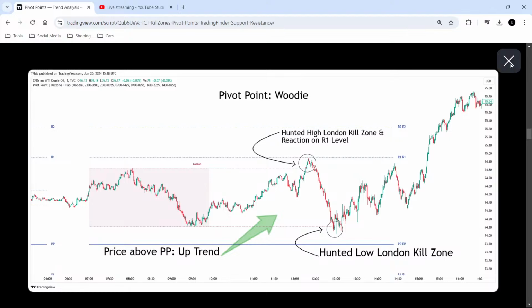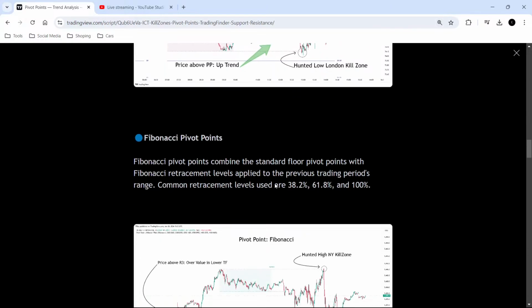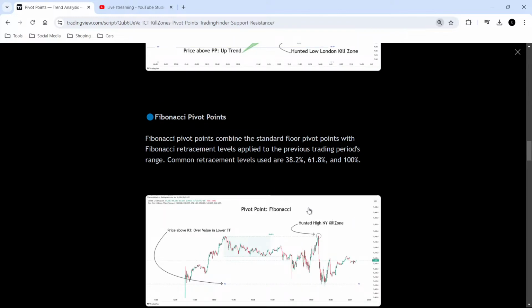I get what it is saying, but I don't know. Fibonacci pivot points combine the standard floor pivot points with Fibonacci retracement levels applied to the previous trading period's range. Common retracement levels used are, I think the 78.6 level is actually not a high probability level, because it doesn't get reached most of the time.